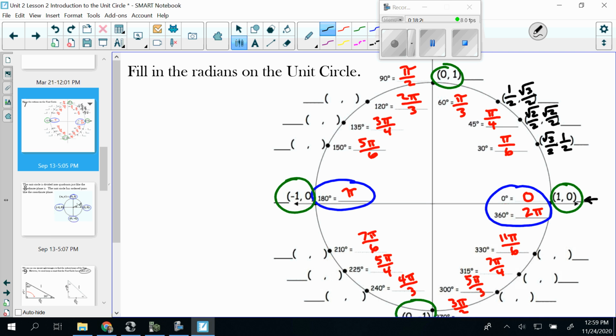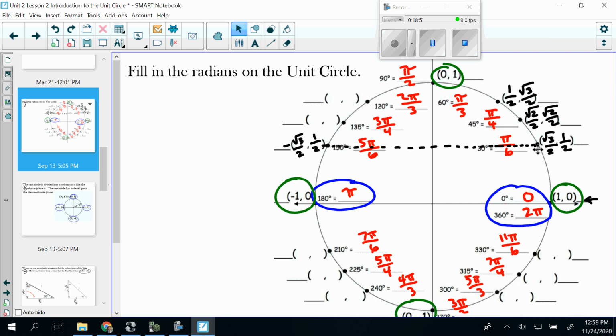So example here, right here, if I were to go straight across here, that should have this exact same y value because I'm on the same horizontal plane, so this should be positive 1/2. But my x coordinate would be the same amount, just negative, so this would be negative square root 3 over 2. Same thinking with these other ones.